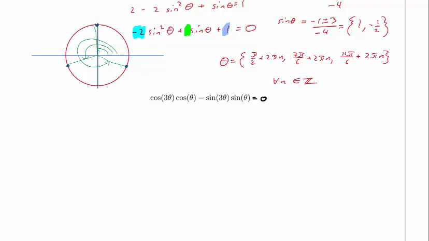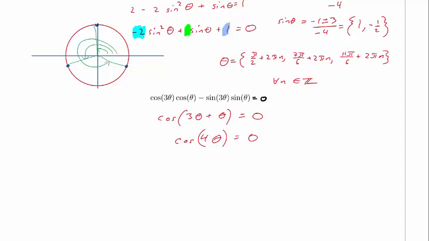We got cosine 3 theta times cosine theta, and then we have minus sine 3 theta times sine of theta. So all this becomes the cosine of 3 theta plus theta equals 0. So this becomes cosine of 4 times theta equals 0.